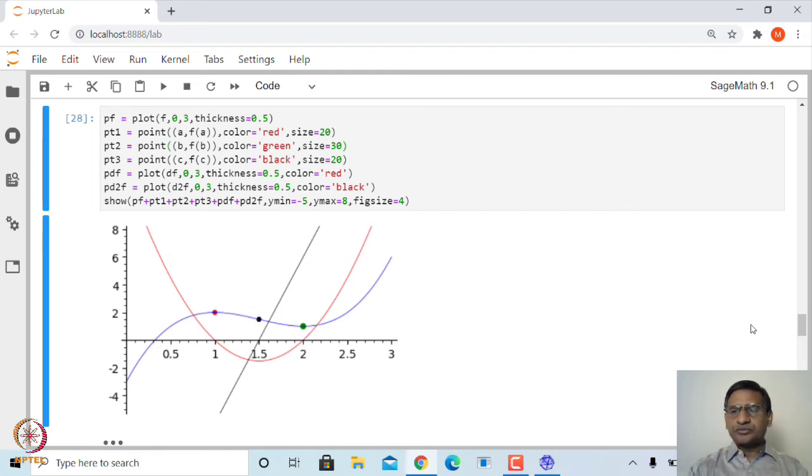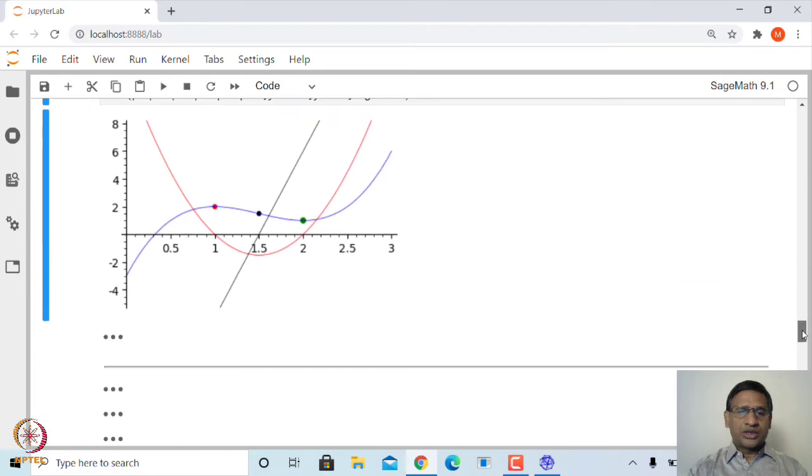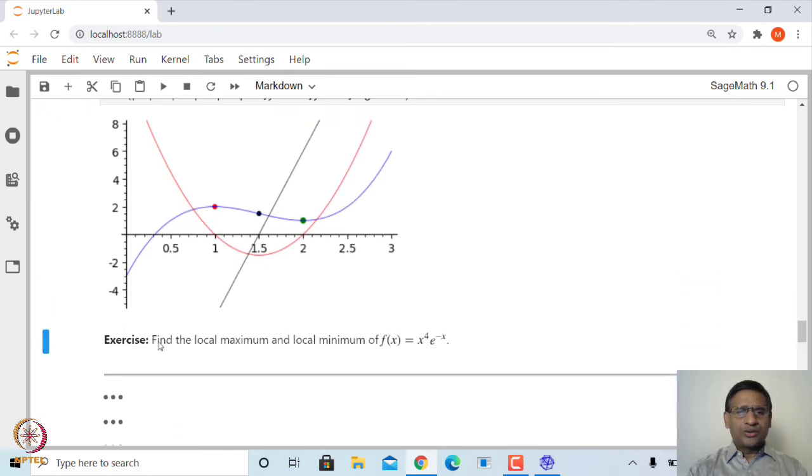So, this connects all these notions of finding intervals in which the function increases, decreases, or the point at which the function changes its nature of concavity. All these things are explained through this particular example. Now, of course, as an exercise you can find the local maximum and local minimum of f(x) equal to x to the power 4 into e to the power minus x.